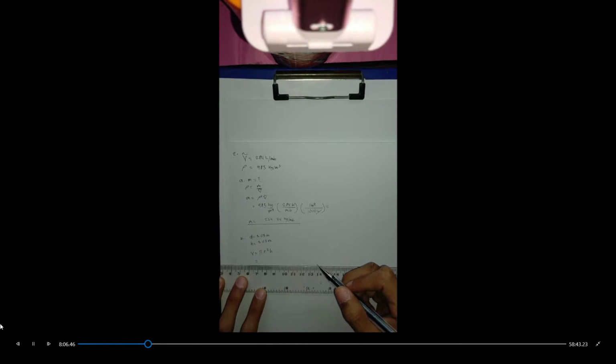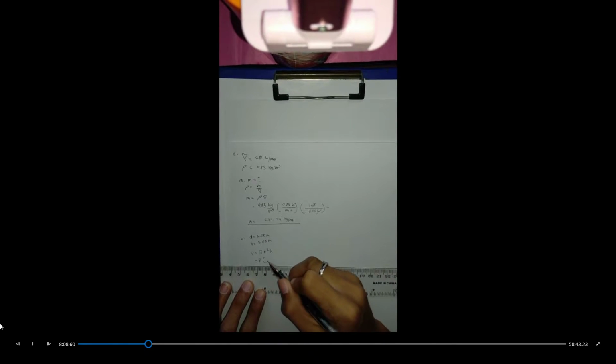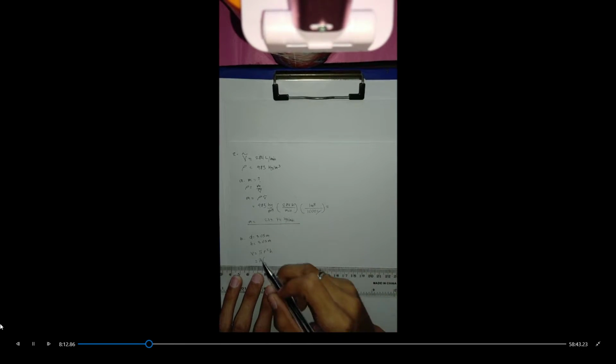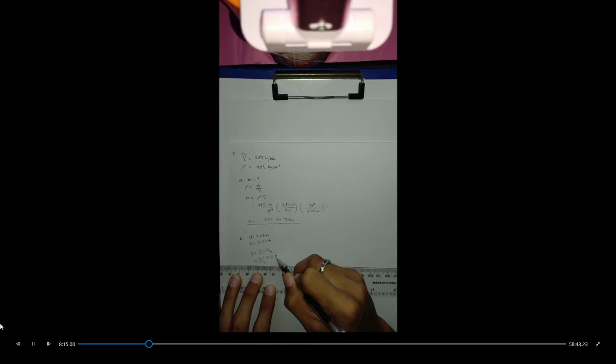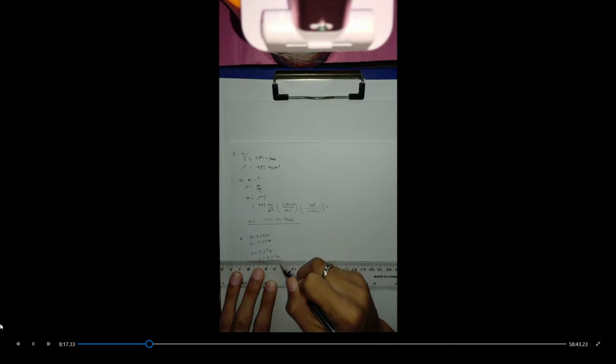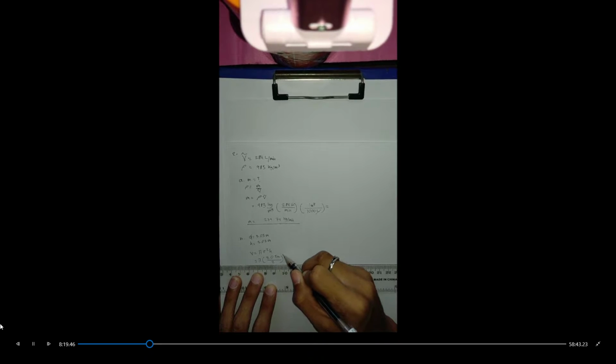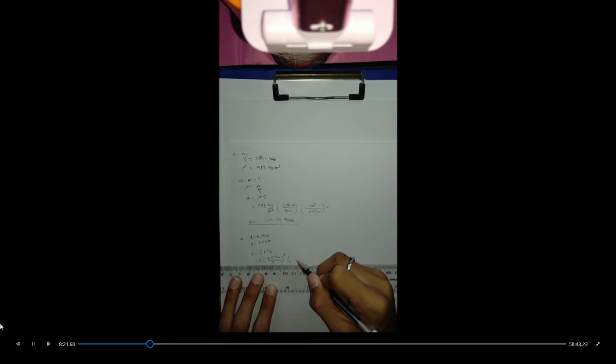So substituting the given values, pi times, since the given value is in diameter, we will just divide it by 2. So 3.05 meters divided by 2, then raised to the power of 2, times the height of 3.05 meters.